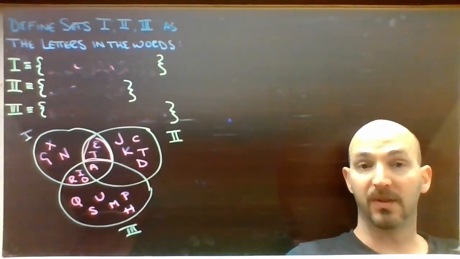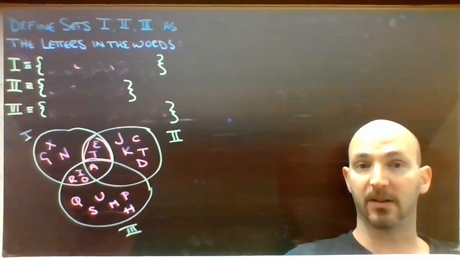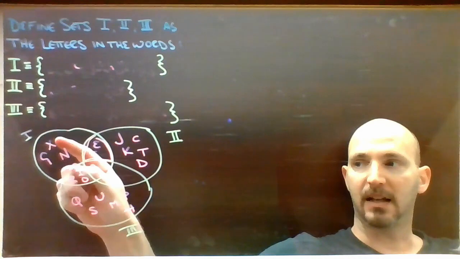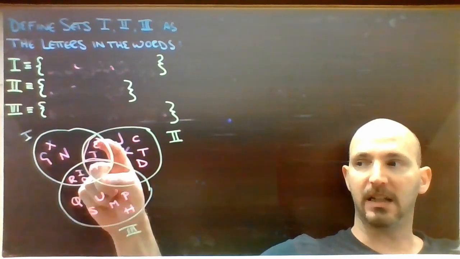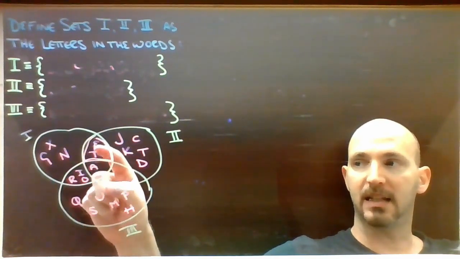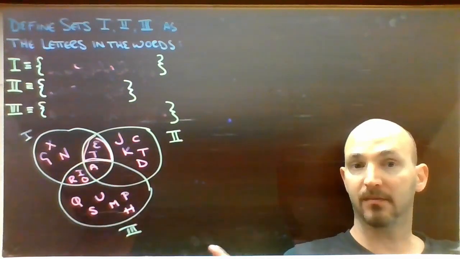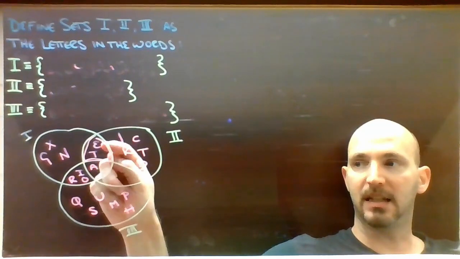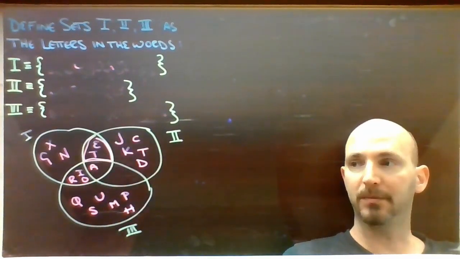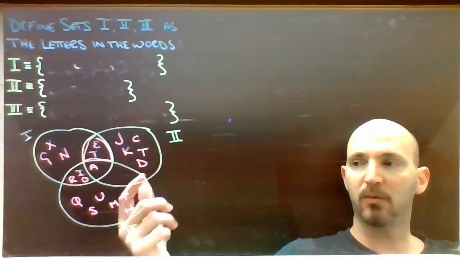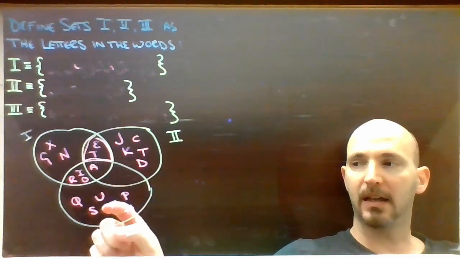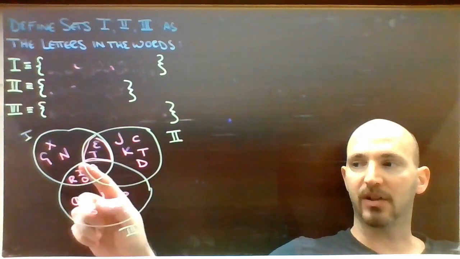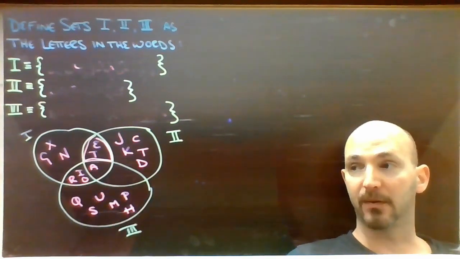So I'm just going to go through and spell my words to make sure that I have all the letters accounted for. Exaggeration was E, X, A, G, G, E, R, A, T, I, O, N. That's good. Jacketed was J, A, C, K, E, T, E, D. Everything's accounted for. And quasimorphism was Q, U, A, S, I, M, O, R, P, H, I, S, M. So everything is accounted for.